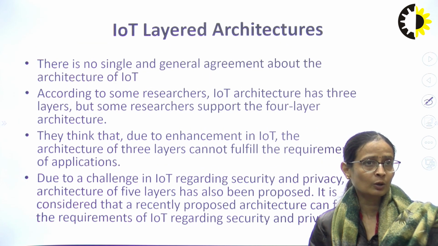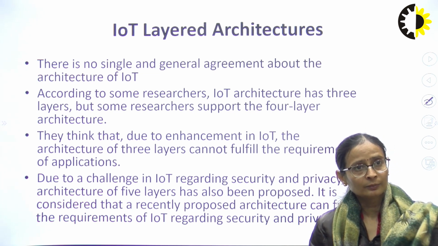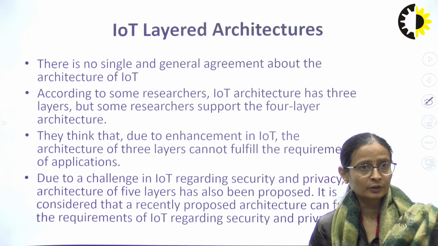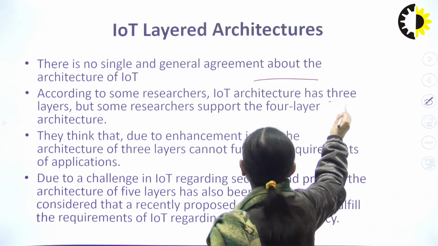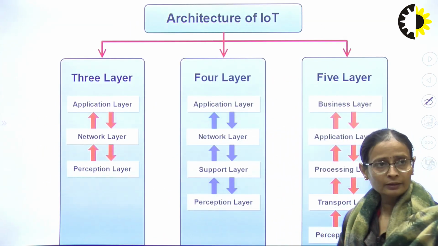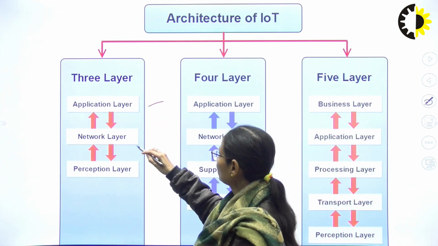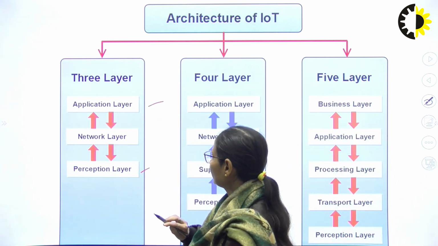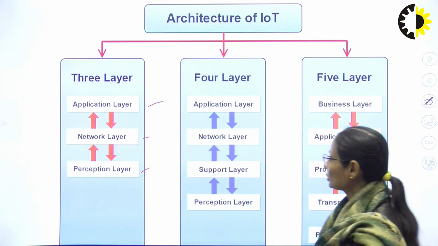When we talk about the IoT layered architecture, there is no general agreement over it. We have a 3-layer architecture and a 4-layer architecture. Initially, we had the 3-layer architecture. If you look at the figure, we have the application layer at the top, the perception layer at the lowest layer, and the middle layer, that is the network layer.